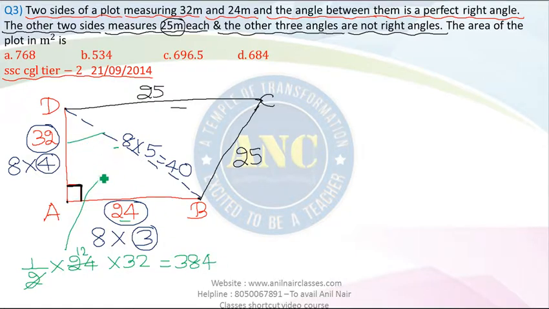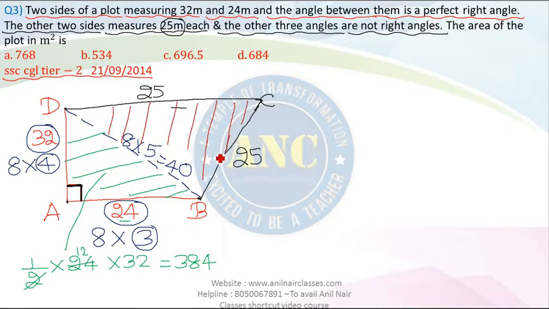This particular green color area I found. Suppose I can find this brown color area, then the entire area of the plot is found out. But observe carefully, the brown color area is triangle DBC. In this triangle DBC, two sides are the same.